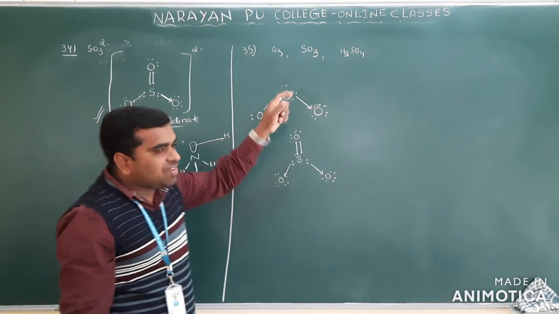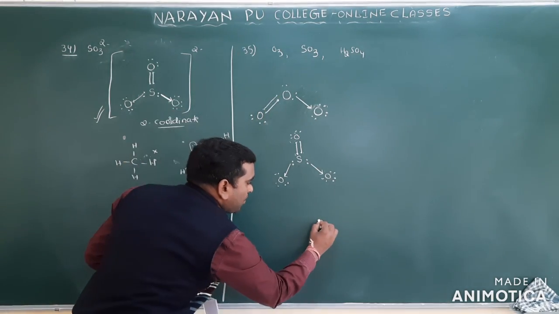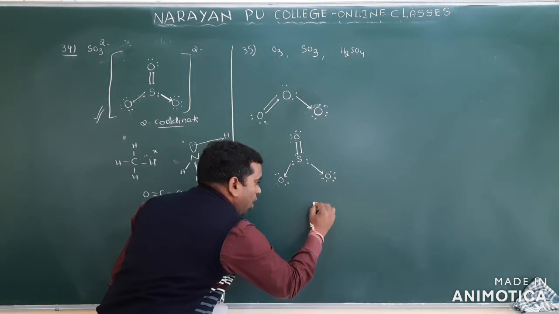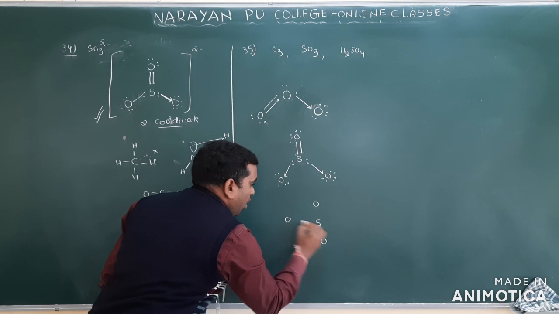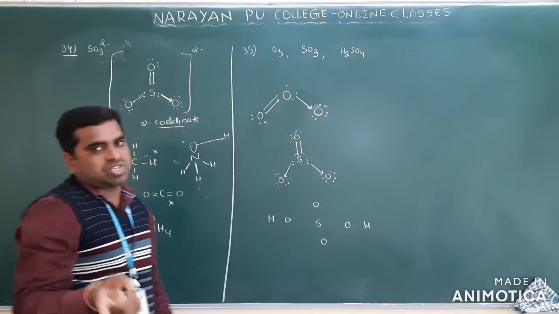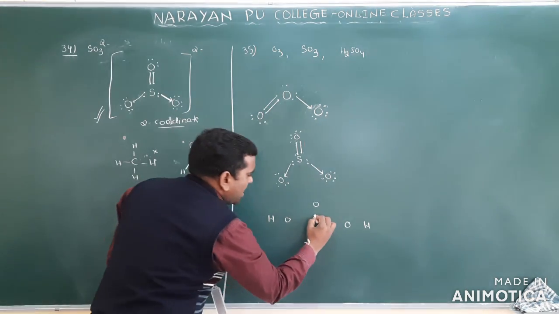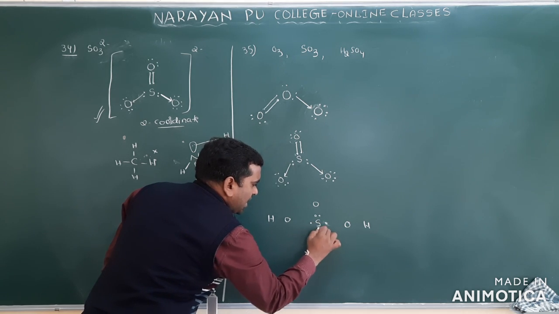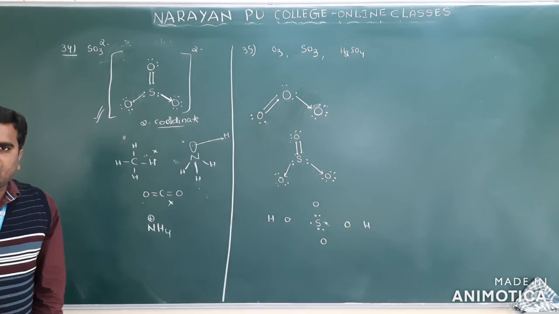Clear? In the same way, H2SO4. What is the central atom? Sulfur, and here oxygen and oxygen, oxygen and oxygen, and hydrogen, because hydrogen you have to attach to the highly electronegative atom. Same way, I am writing 6 electrons around the central atom.